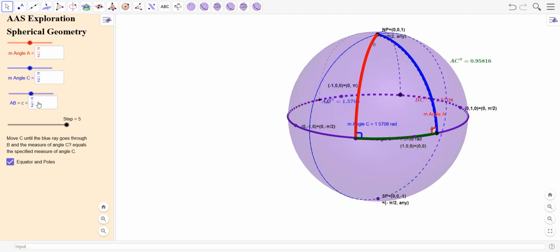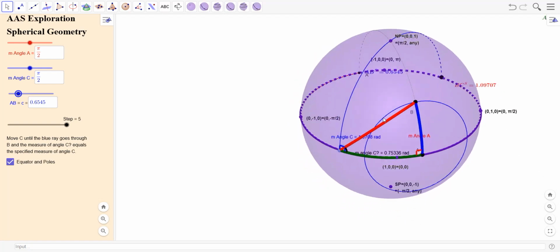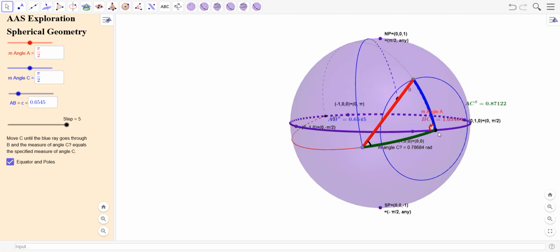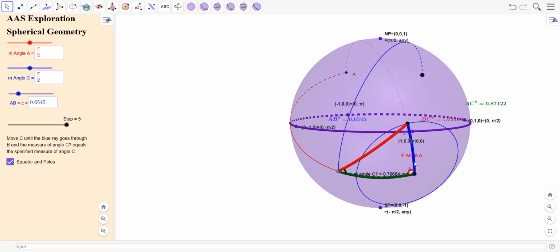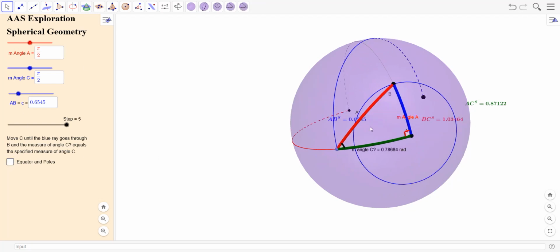Now, it turns out that if all the sides are small, again, where we fit into one octant, the exterior angle here, you can see the larger angle here, is greater than each of the remote interior angles.